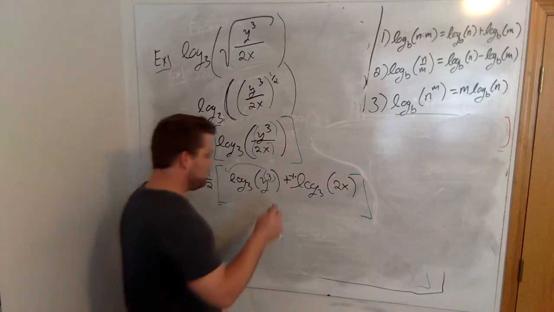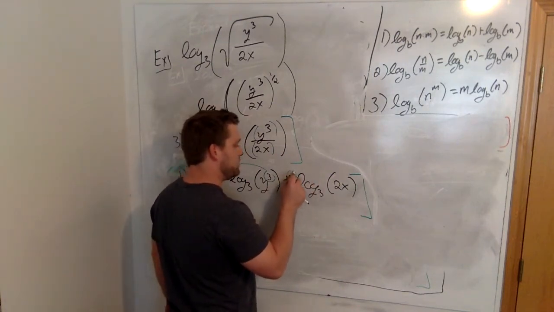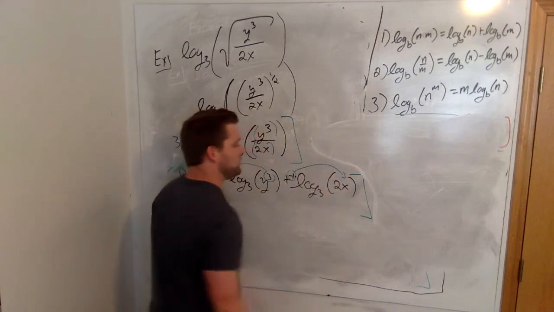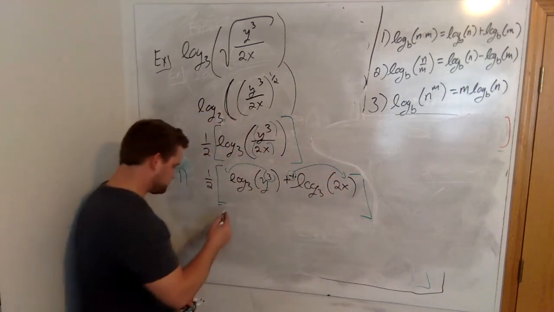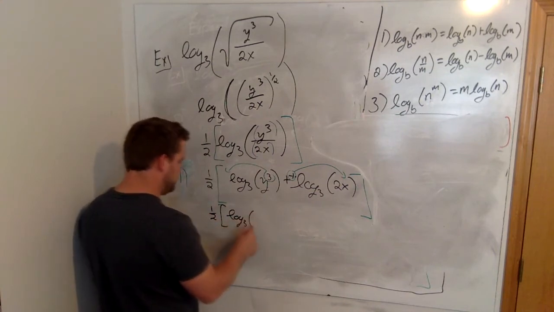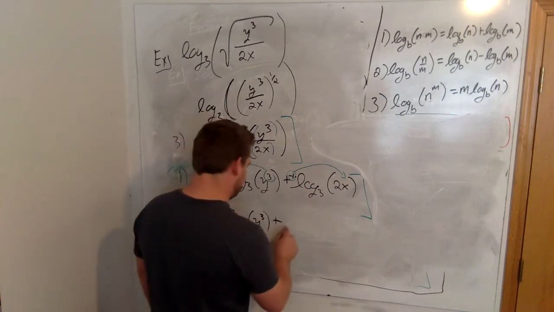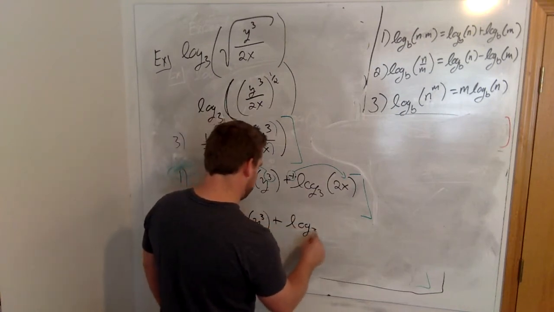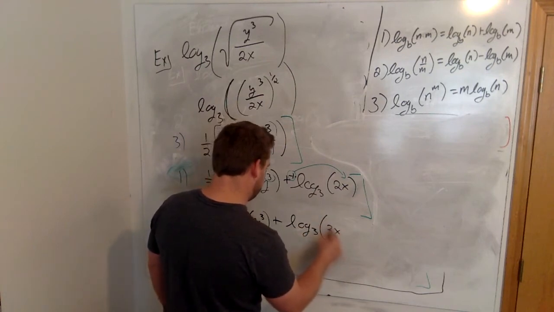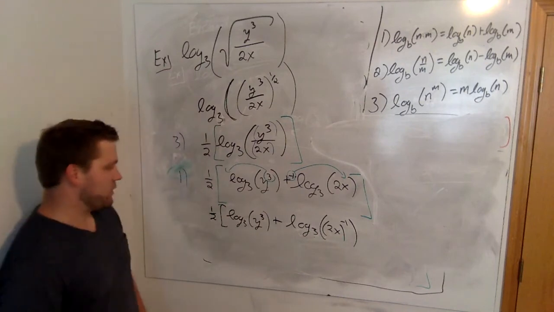So just for fun, what you could have done, just to show you get the same answer, is this -1 here. Using log rule 3, we could bring this into the parenthesis. So this would be the same thing as 1/2 where we're going to get log base 3 of y cubed plus log base 3 of 2x all to the -1st power.